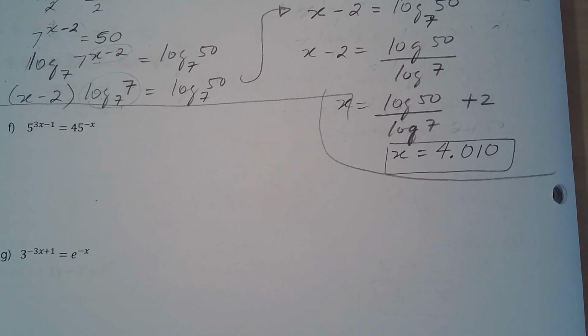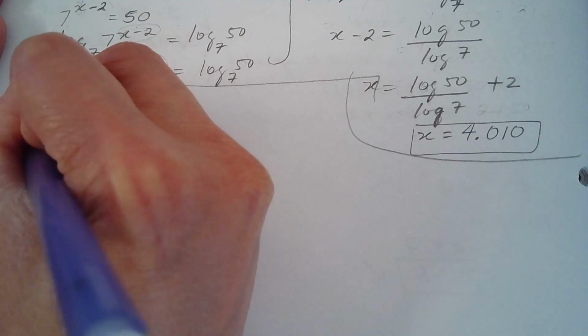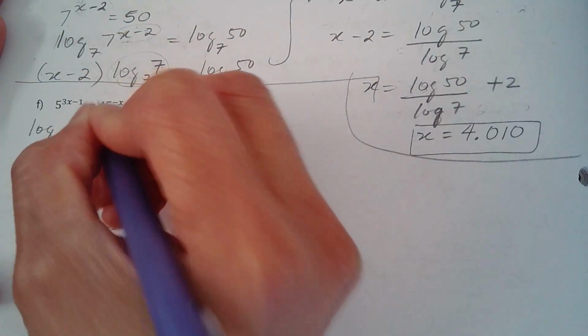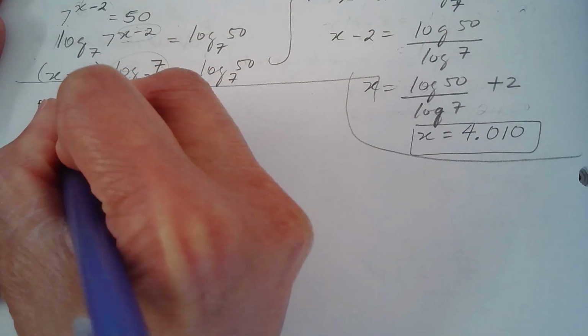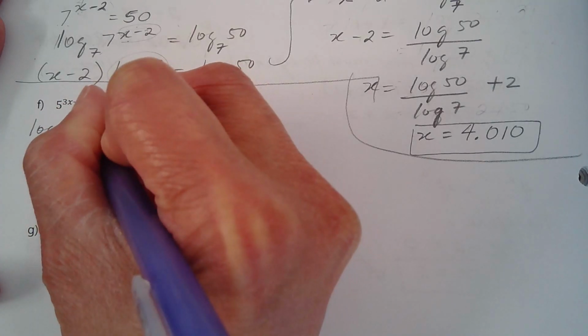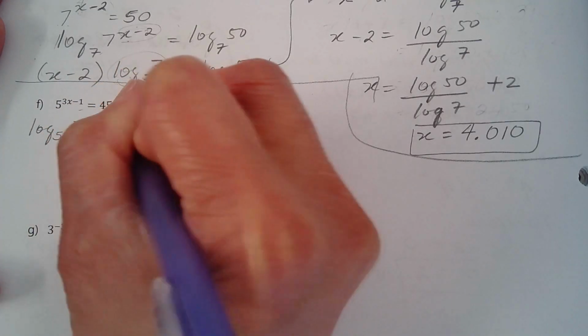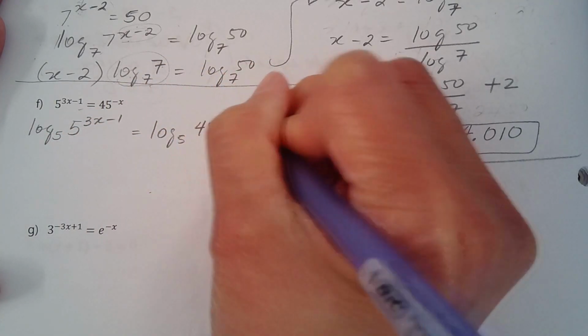Good. Awesome. Now let's take a look at this one. Oh my goodness. Can we make this the same base? No, not possible. So the only possibility would be to take the log. Okay, I'll do log base 5 of 5 to the exponent 3x minus 1 equals log base 5 of 45 to the negative x.